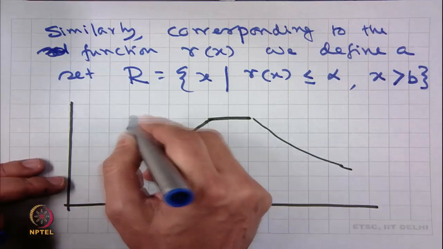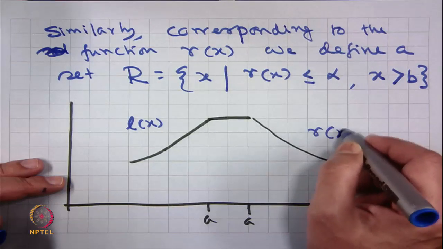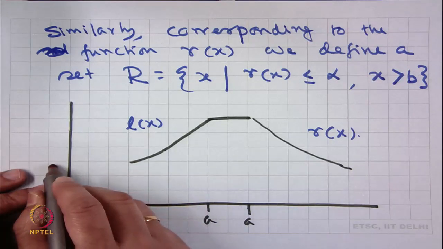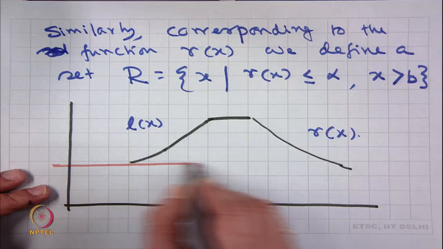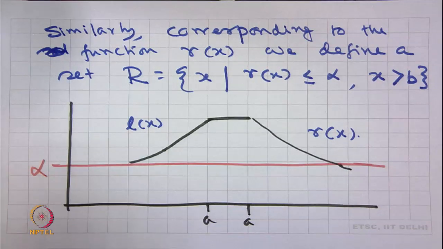This is L x and this is R x. So, we consider alpha to be this line.